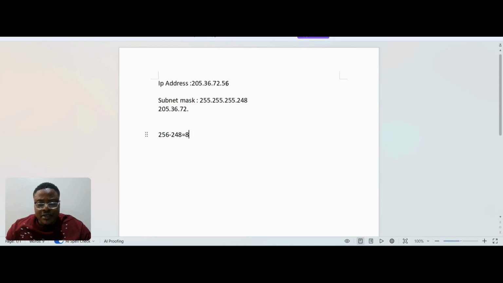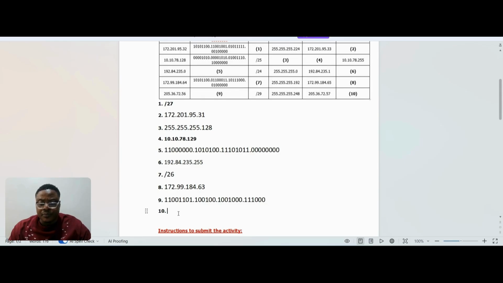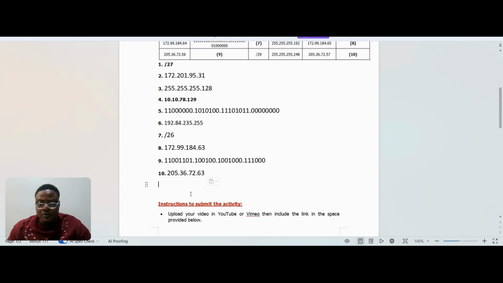I add 8 repeatedly to get close to 56: eight 8s equals 64. Then I minus 1, which is 63. So here will be 63. That is the answer.